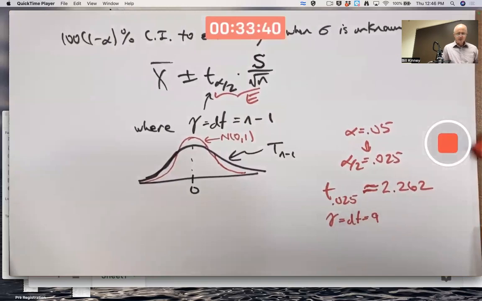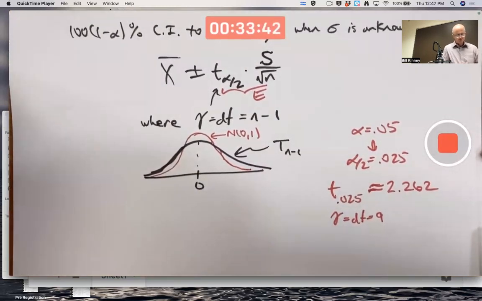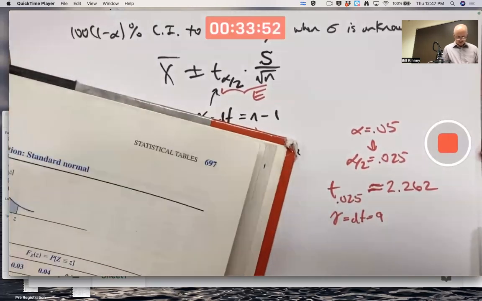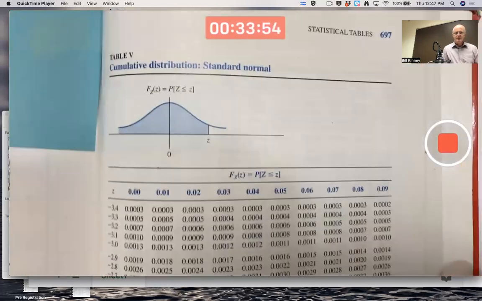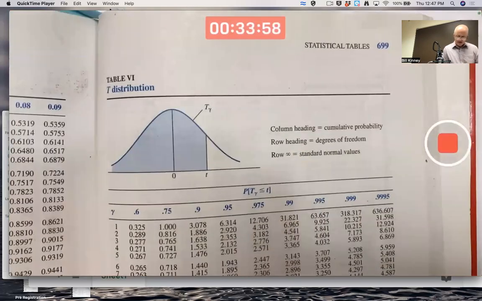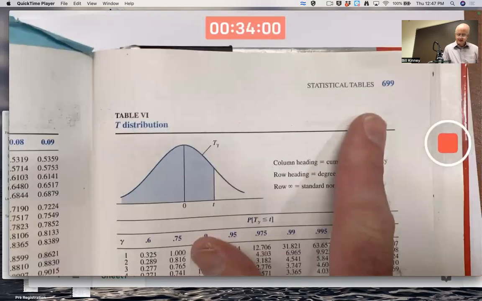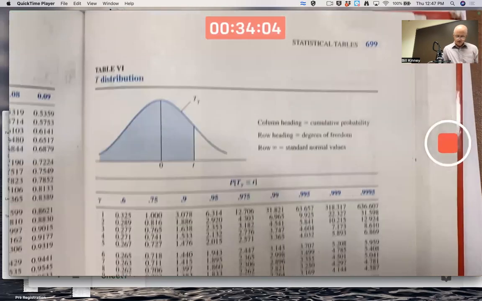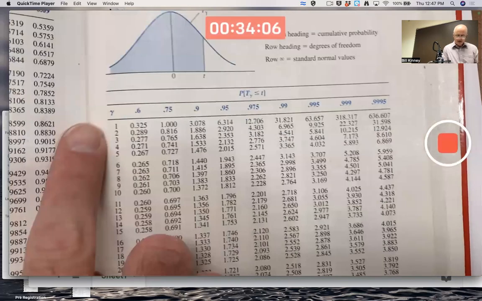The table in the back of the book for the t distribution, if you wanted to use that to find the t value here. T distribution table, where is it? Okay, here it is. It's table 5. No, that's standard normal, excuse me. Table 6 starts on page 699, goes over a couple pages. There's gamma, that's the degrees of freedom.